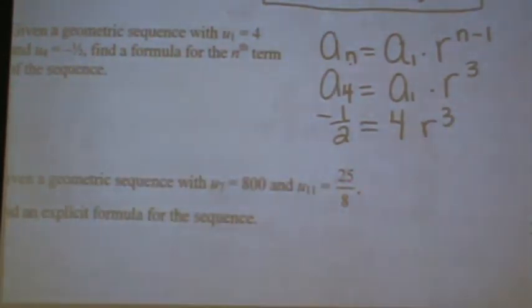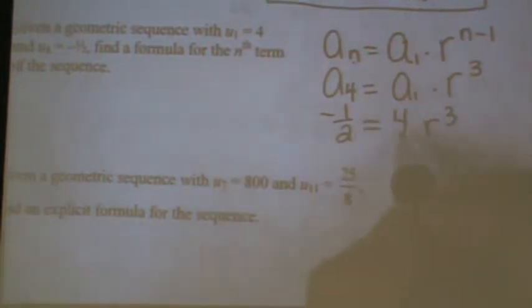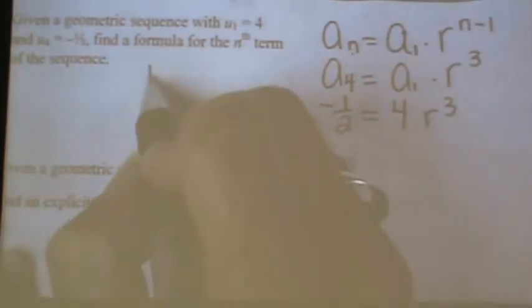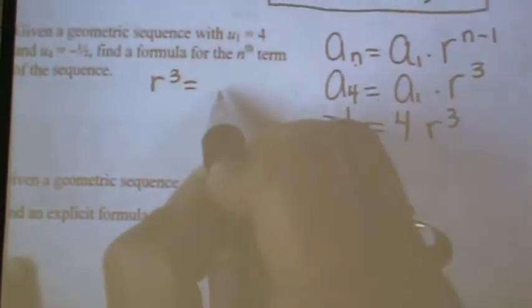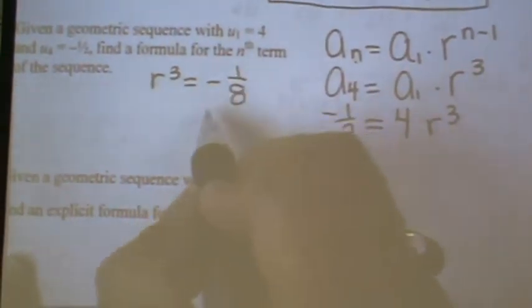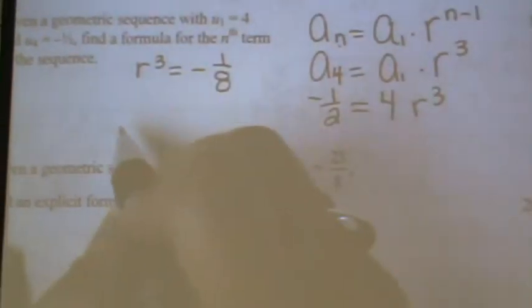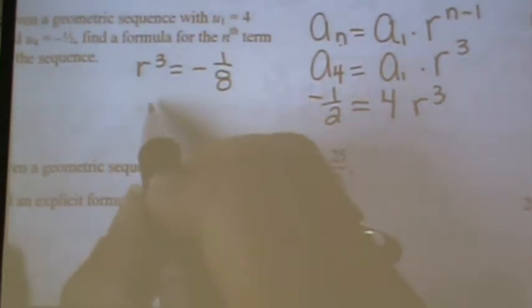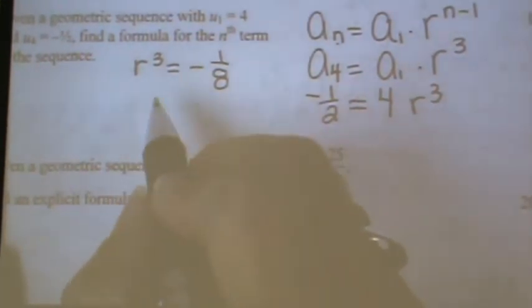How do we solve for R? Divide by 4, or multiply by a fourth. So you get R cubed is equal to -1/8. Now take the cube root of both sides. What's the cube root of R cubed? R. What's the cube root of -1/8?